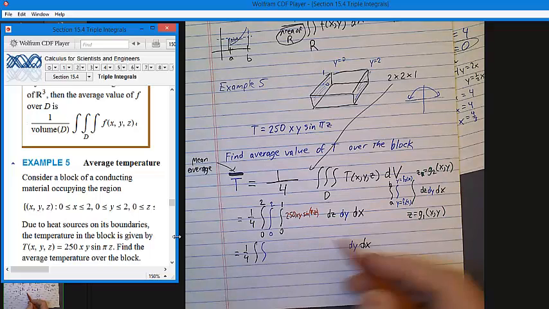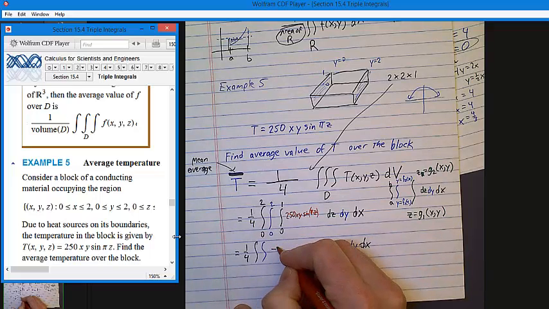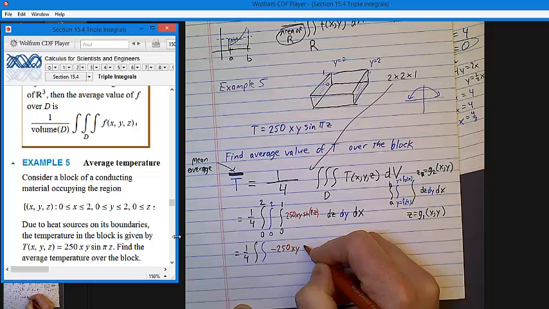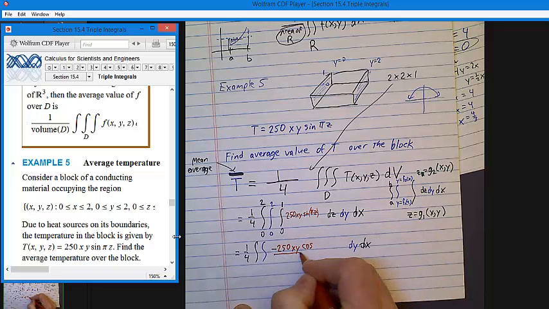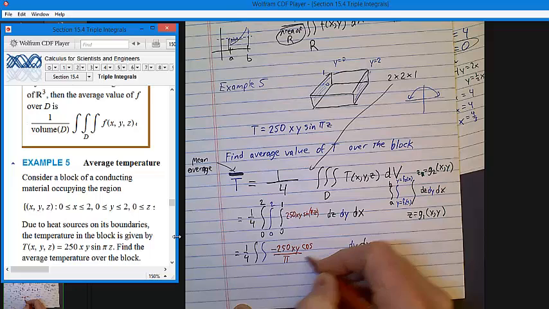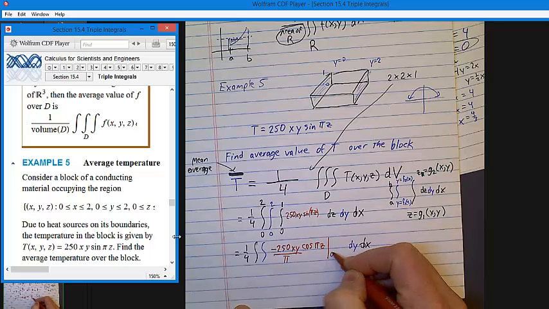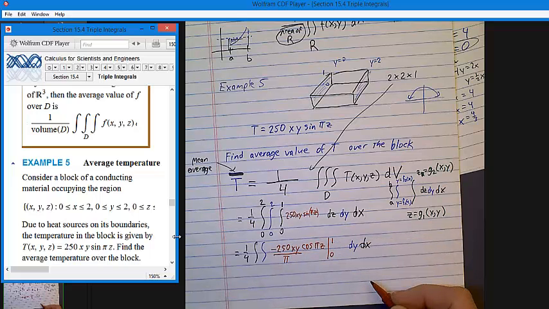So now I'm at negative 250xy over pi, cosine of pi z, and what is it I'm plugging in now? 0 and 1. You guys with me?